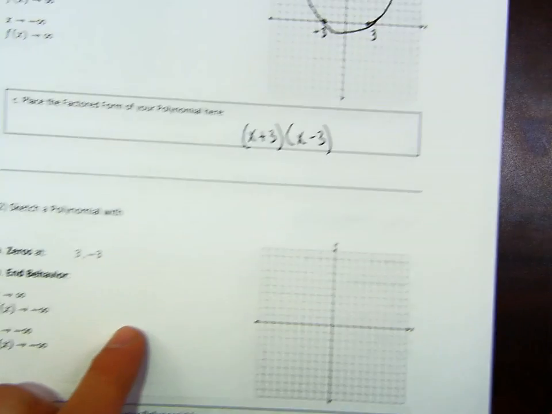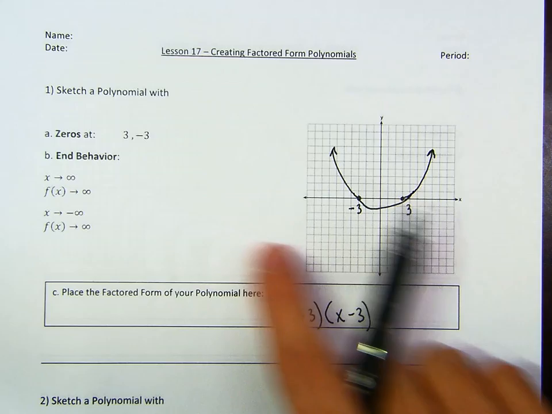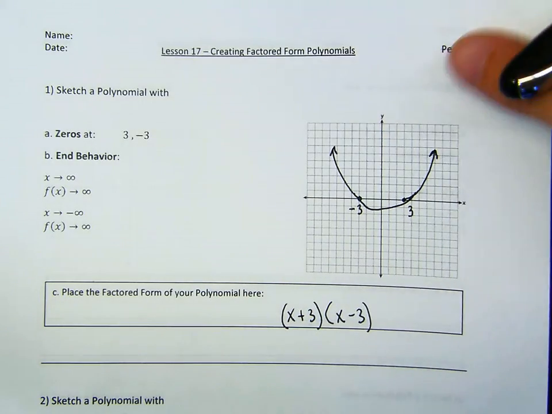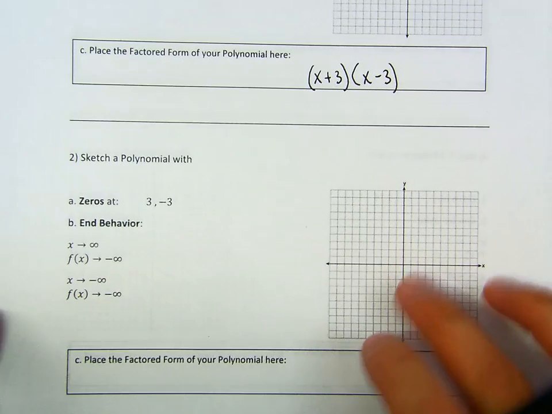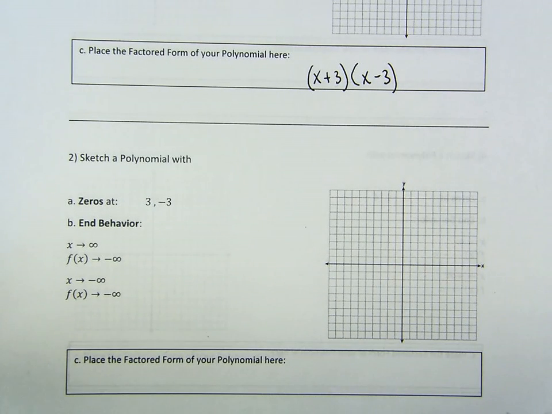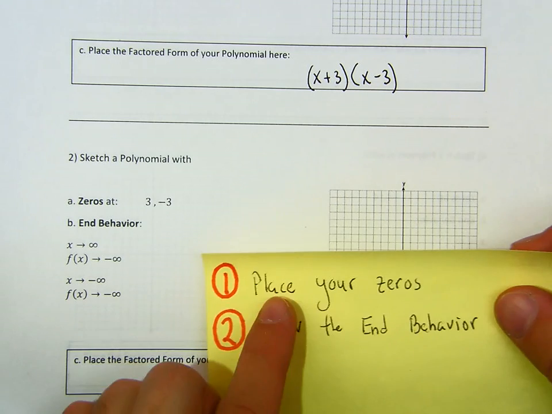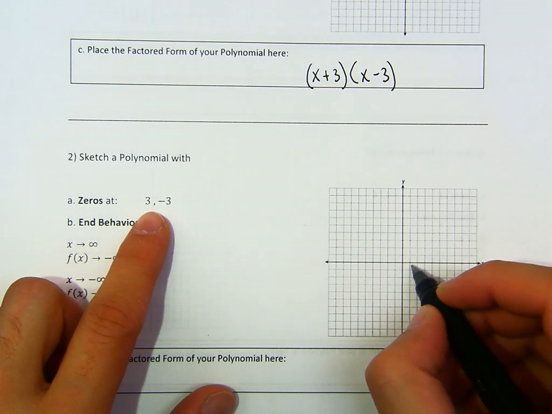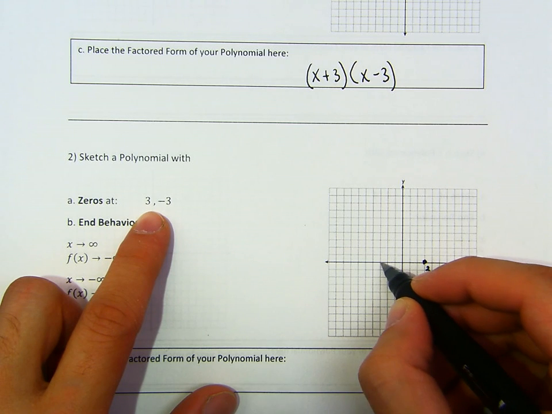What I want you to do is try and do, and that's it for this, for A, B, and C. What I want you to do is do the same thing, but I want you to try it with this polynomial, right? And this end behavior. Okay? So like, let's say if you want to see how it's done, what should we do first? Let's place our zeros. So our zeros are 3 and -3. So 1, 2, 3. And the other one is 1, 2, 3 over here.